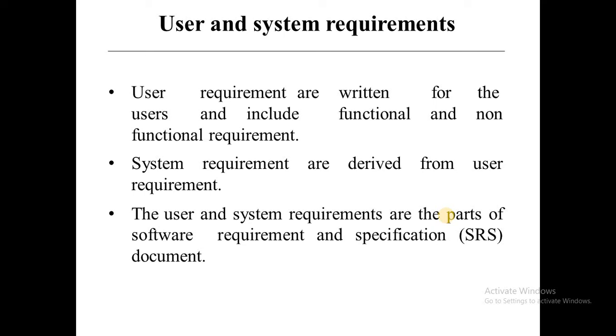That is what user requirements are. Based on your requirements, the engineer will construct the house. These are examples of user requirements. User requirements are written particularly for users, and can include functional and non-functional requirements.